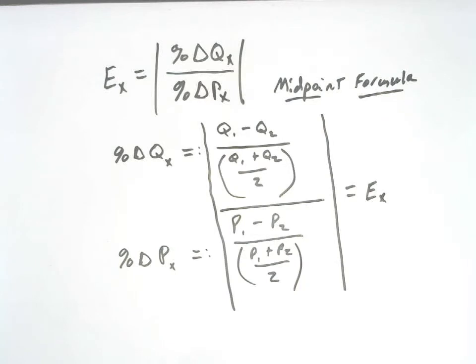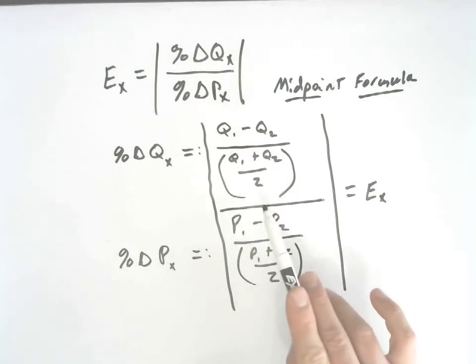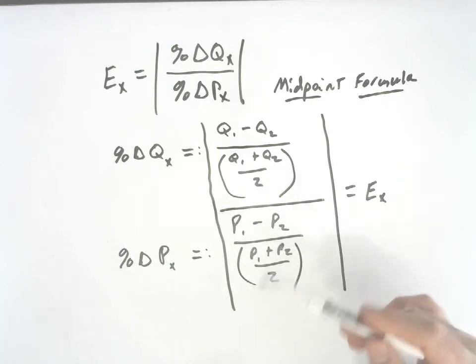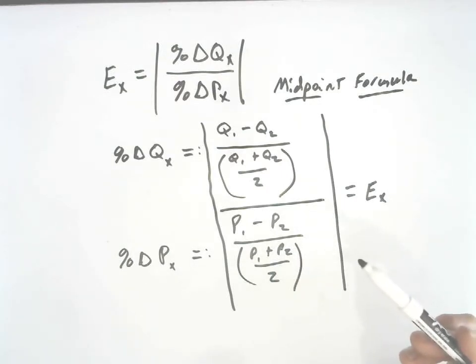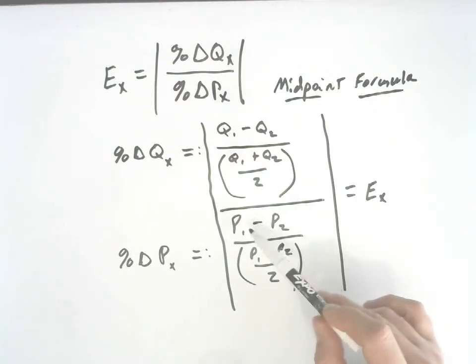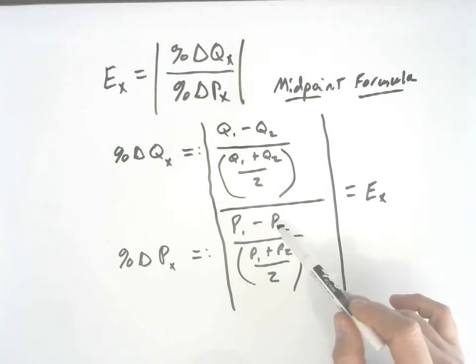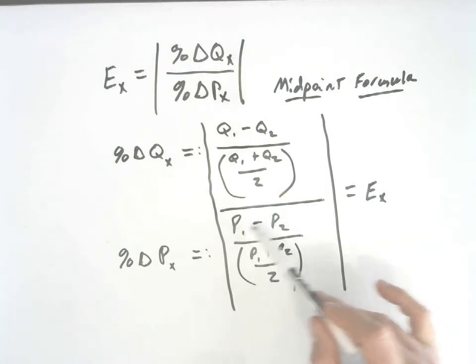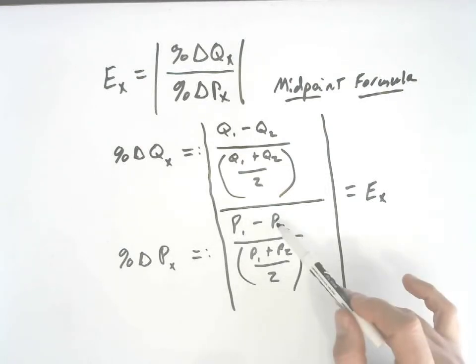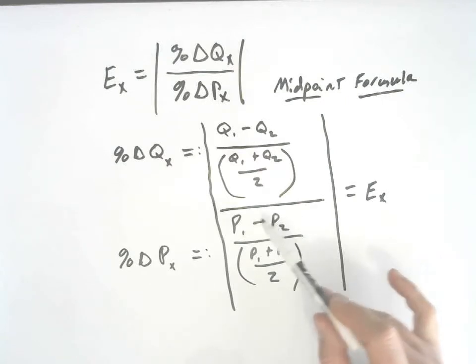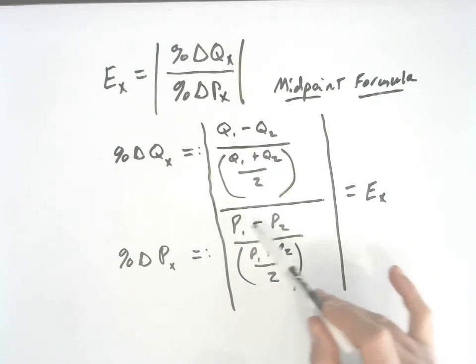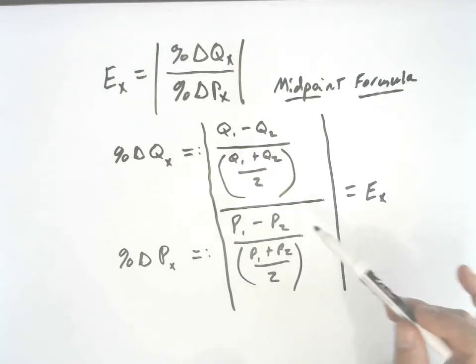Now, one thing you're going to find here is that it doesn't matter what P1 and P2 are, as long as they're consistently one point on the curve. In other words, it doesn't matter if I put the starting position first or second. It doesn't matter which price I count as P1 and which as P2. Why?